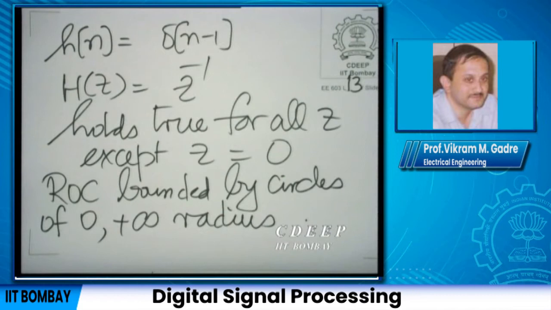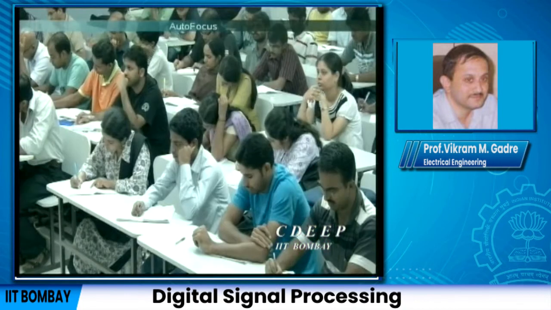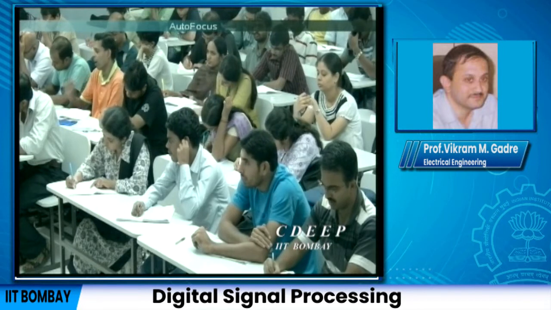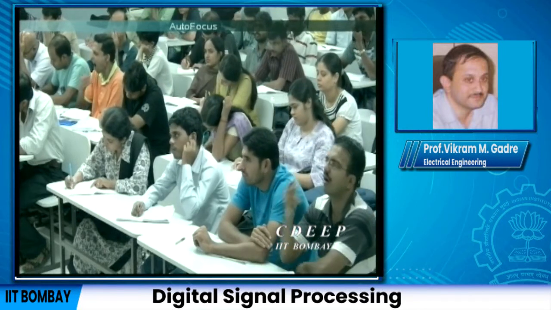However, the circle of radius 0 is not included in the region of convergence, whereas a circle with radius infinity is. So, you see, it's a very tricky point. The bounding circles may or may not be in the region of convergence. That must be carefully seen.